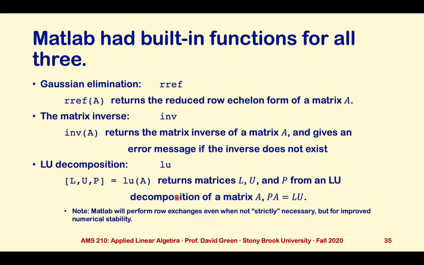There are lots of reasons why it can be useful to exchange rows when the pivots are small but not actually zero, for numerical reasons, and Matlab does this. This is an important nuance to remember. The LU decomposition that it gives is correct. It may, however, be slightly different than what you get by hand.